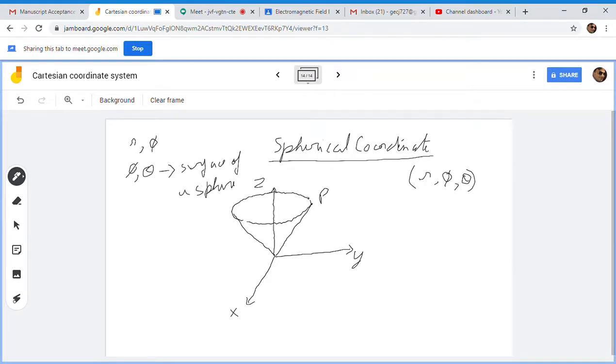Okay. Now let us do theta and r. What is theta? Theta is the angle which it makes. Let's first of all make this thing.